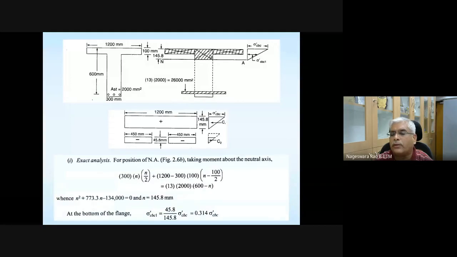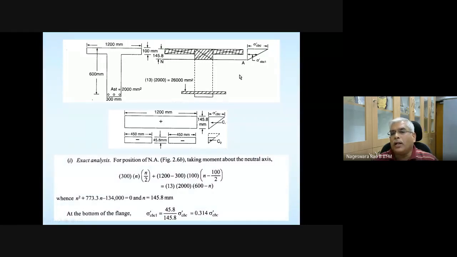Yesterday I mentioned to you how to get this location. You take the moment of the compressive force and divide it by the compressive force. Moment divided by force is going to give you the lever arm. That is the logic we are going to follow here.